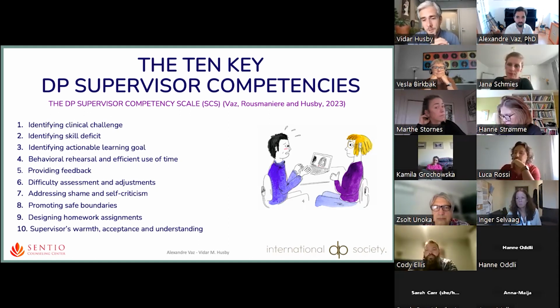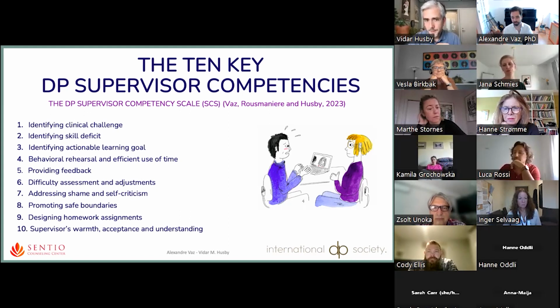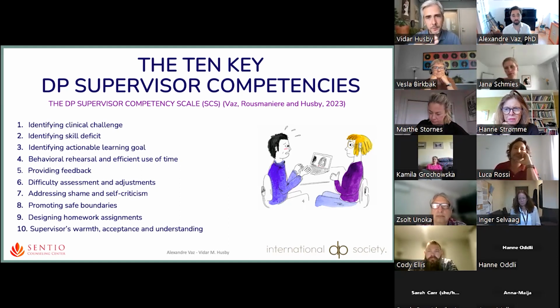Okay, so that was the 10 key DP supervisor competencies. And I'd like to mention that on our website, the idpsociety.com website, there's this page called resources. There, under that, there's forms, and there you can find the competency scale, where you can see how we rate these 10 skills.